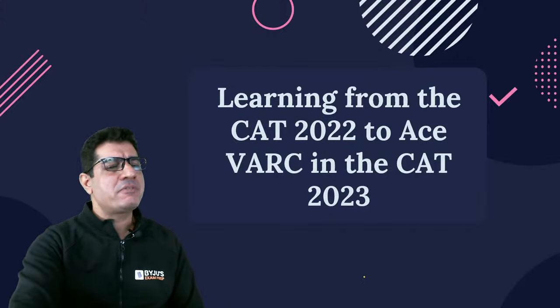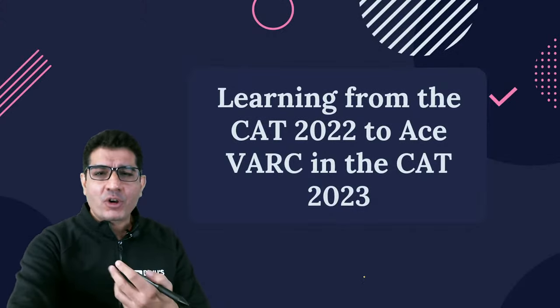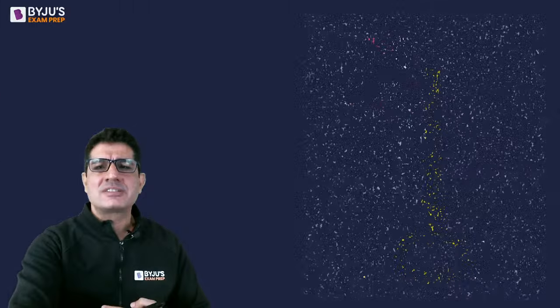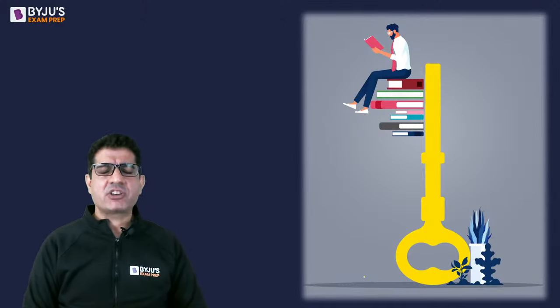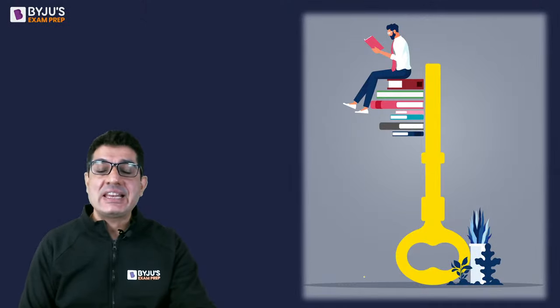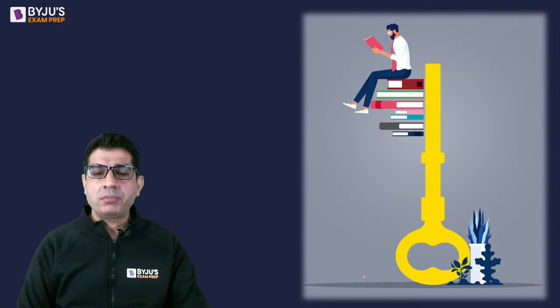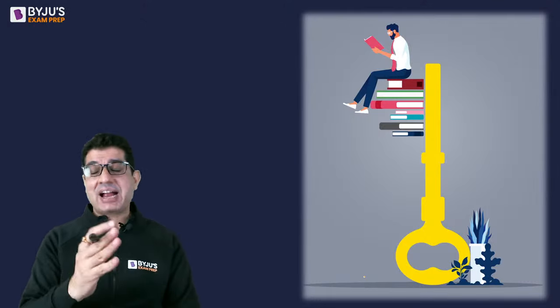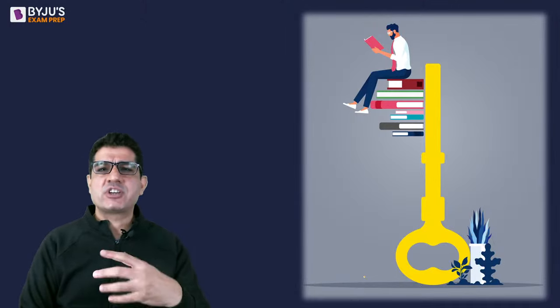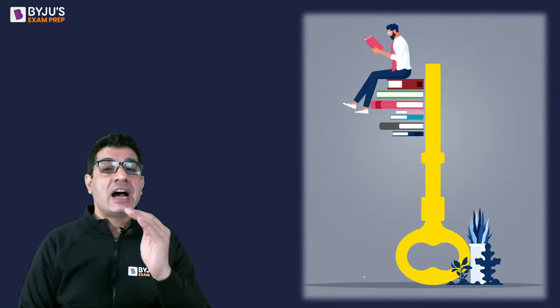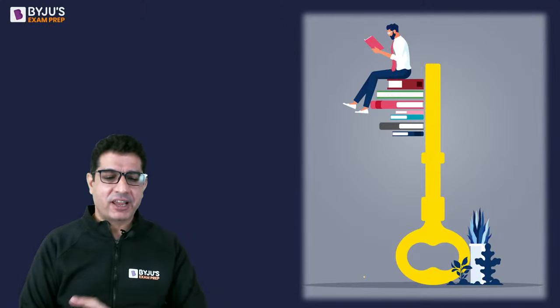It's only when we incorporate all the lessons and learnings that we are able to reach the very top of the game. So this session is all about the key lessons we can draw from the CAT exam held in 22, and how that changes and alters our preparation today.